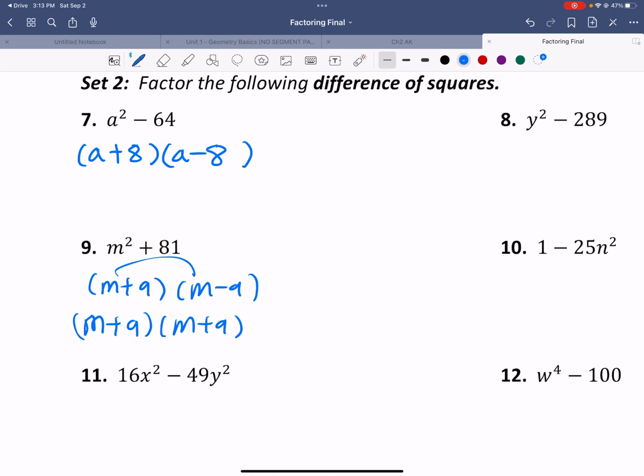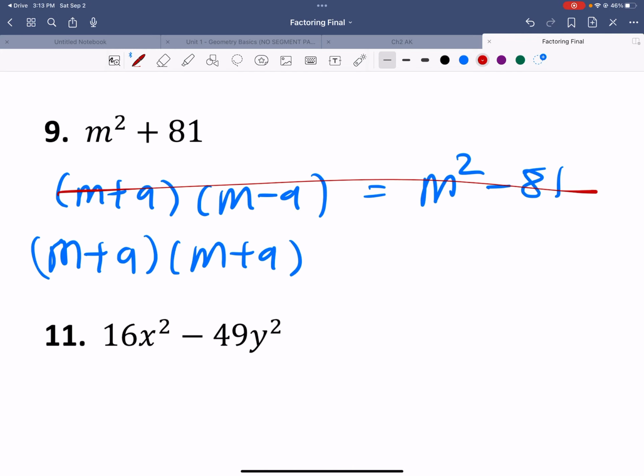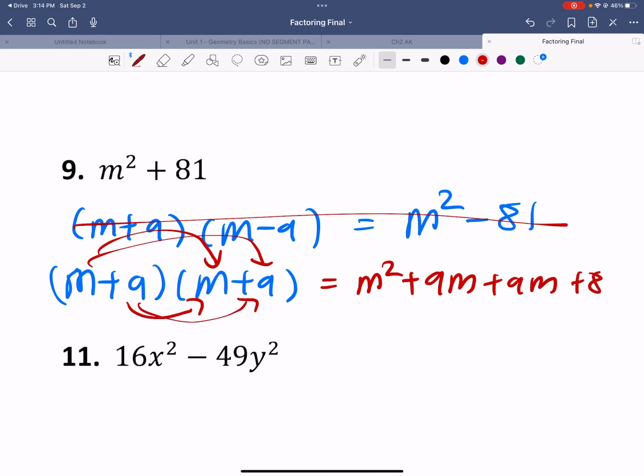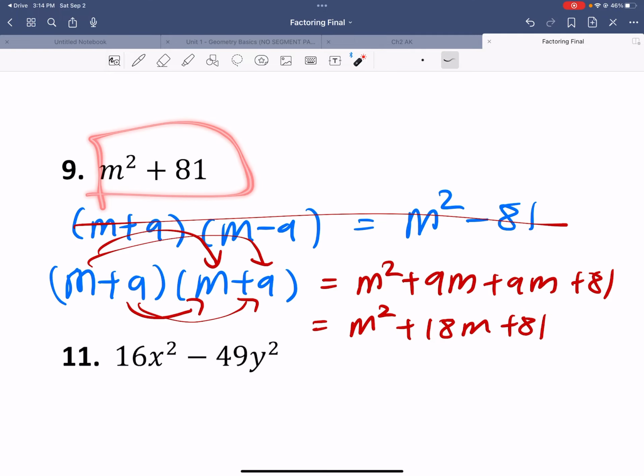If you multiply the first one back, you get m squared minus 81, which is not the same. The second one is also wrong because if you multiply it, you get m squared plus 9m plus 9m plus 81, which is m squared plus 18m plus 81, which is not the same as this one.